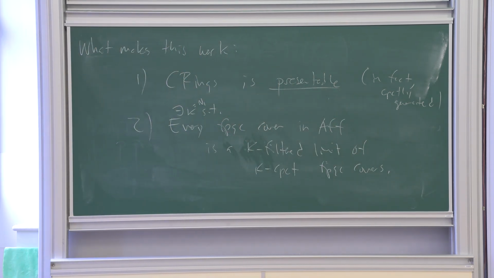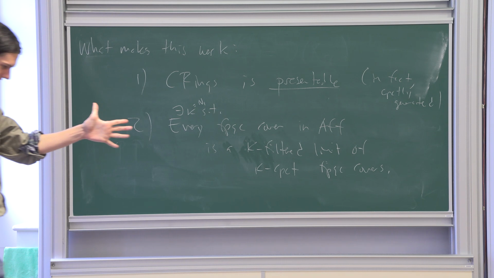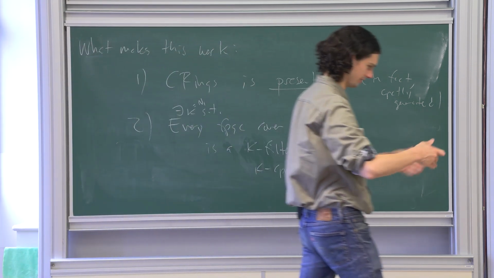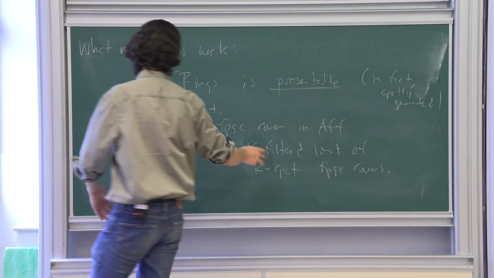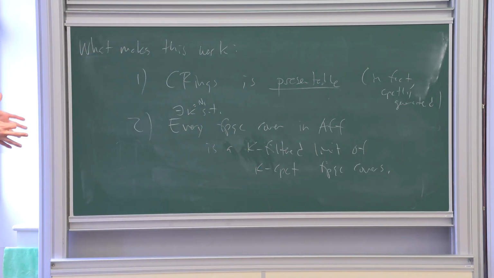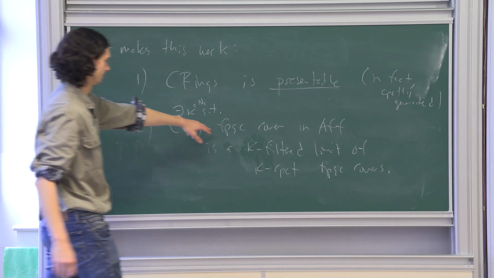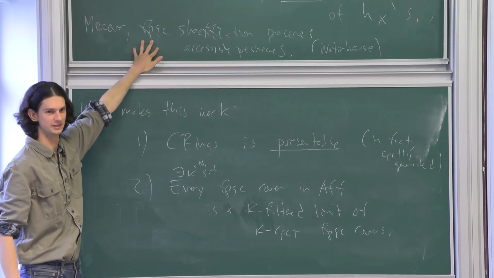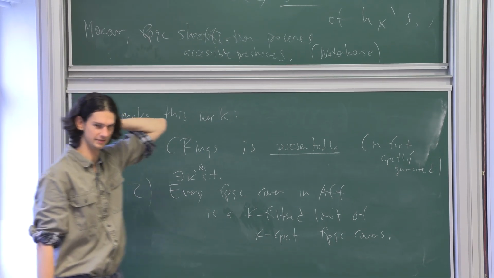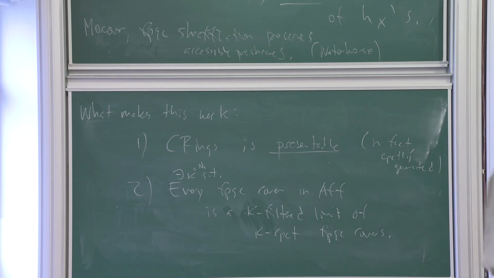So every flat cover of a ring is an aleph one filtered colimit of countably presented flat covers of that ring. And this kind of condition, having some a priori bound on the basic FPQC covers, a priori cardinality bound, is what you can use to check this kind of FPQC sheafification result.